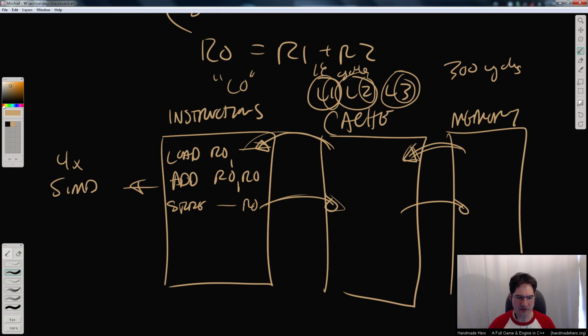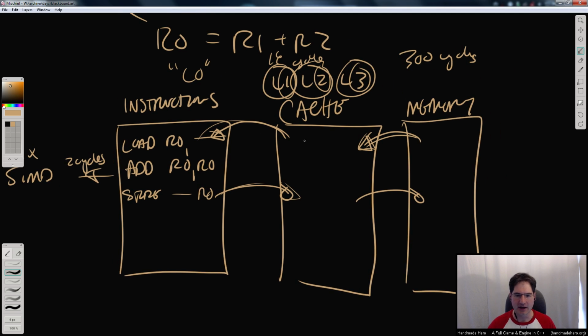And one of these instructions, like an add, might be 2 cycles. So if I want to talk about how expensive something is, I could think about the fact that the further I get from the registers I'm actually operating on, the more expensive it gets, basically in how long it takes me to pull something in, right?